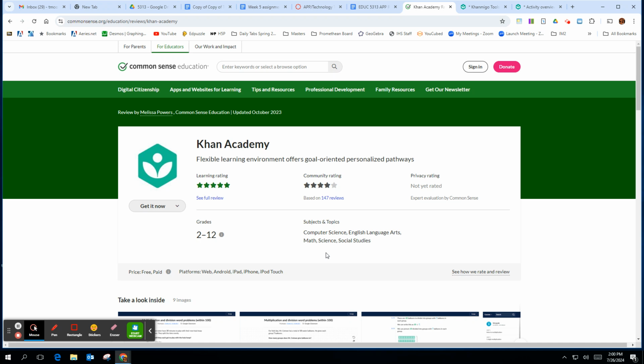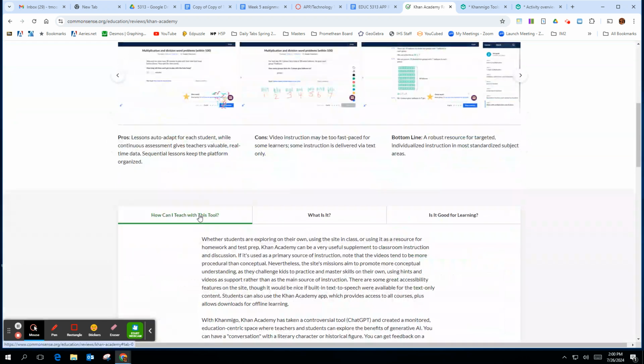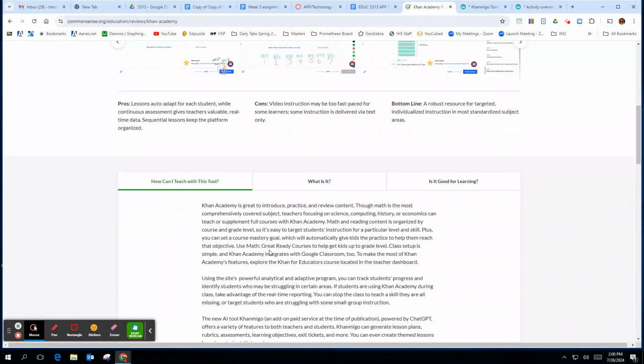Here's a little description of some of the features. I'm not going to read all this, but there is this here to read. I think the important thing to understand is that it's a computer program that uses AI in two ways.